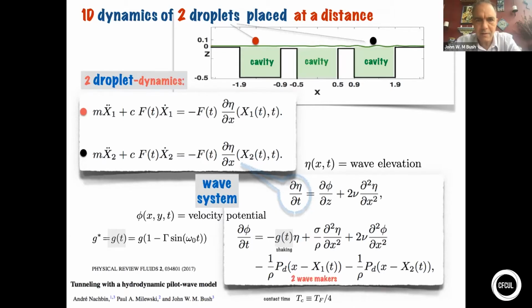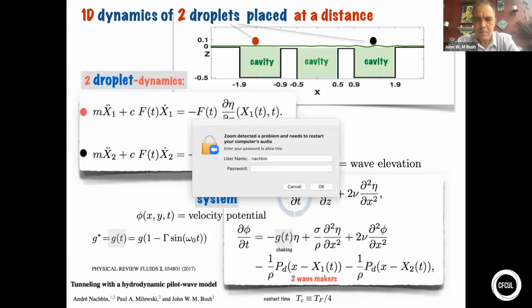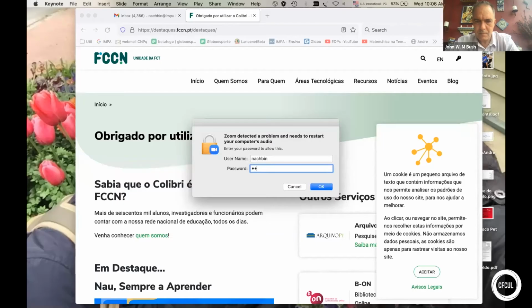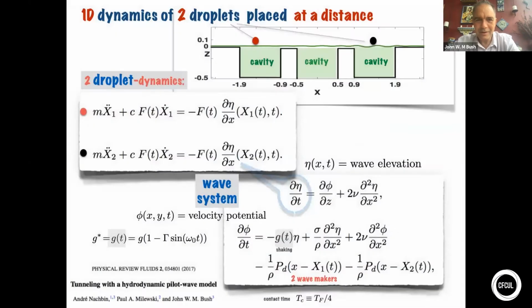Can you do that? I think shutting down Zoom would probably be a good idea. Now can you hear me? It's strange. It's going a little crazy. Sorry. I hope it holds in here.